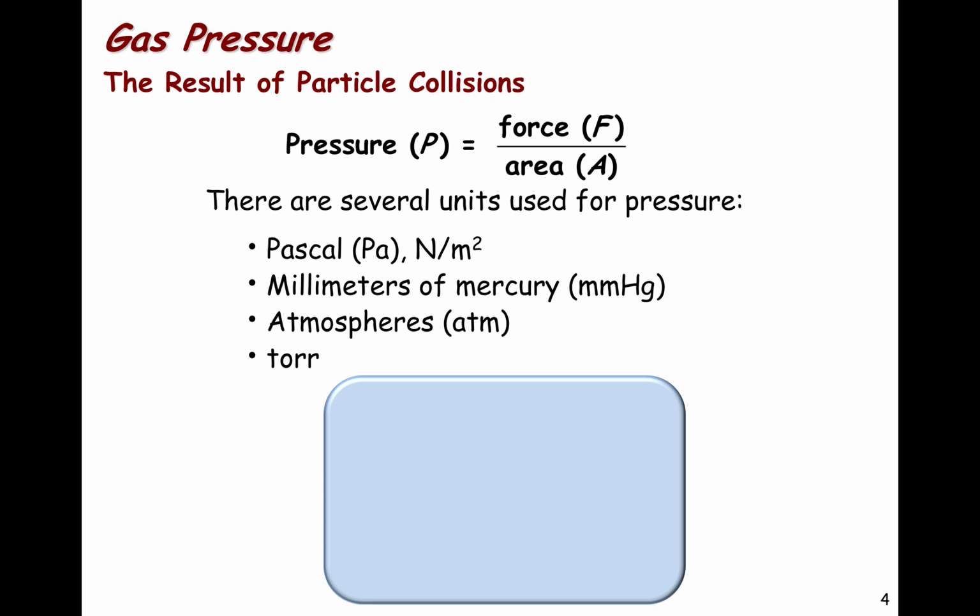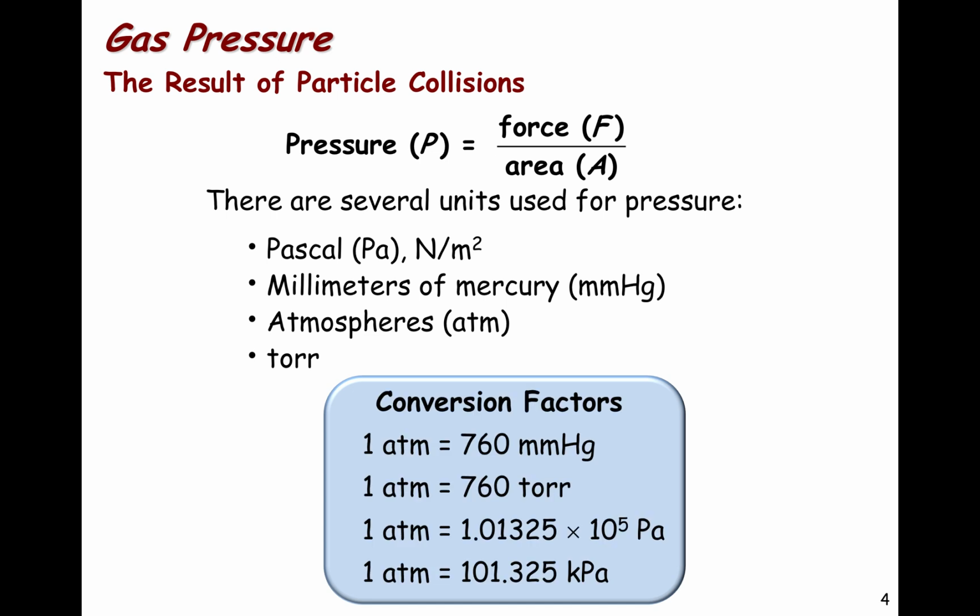First of all, we have the Pascal, which is equivalent to a Newton per meter squared. We also have millimeters of mercury, which is the height of mercury in a typical barometer, and so this is an often used pressure unit. We also have atmospheres, and then we also have the so-called torr.